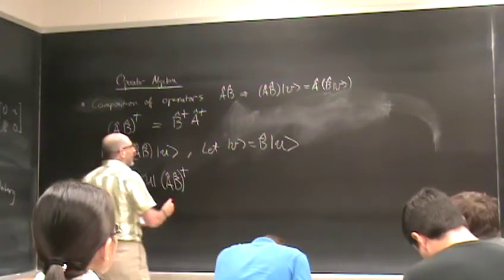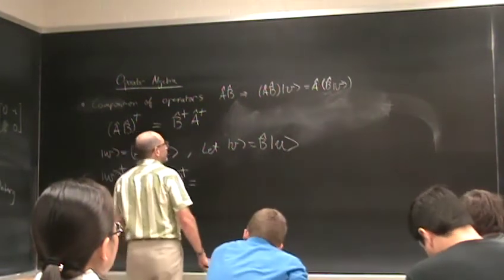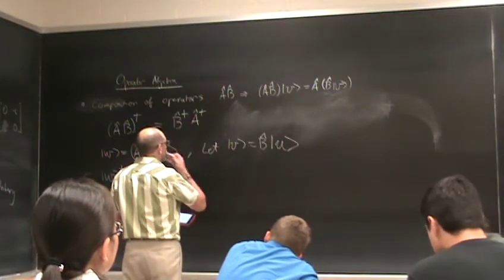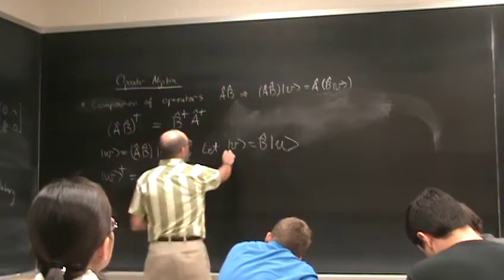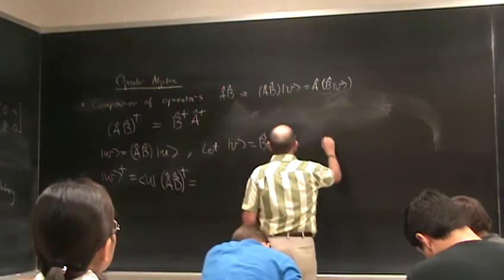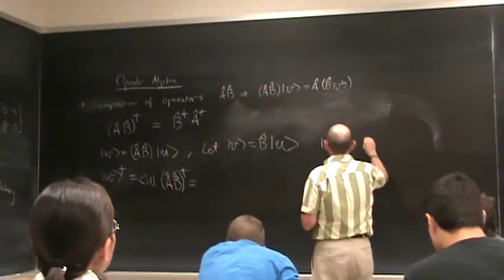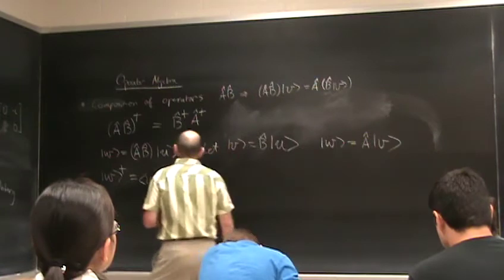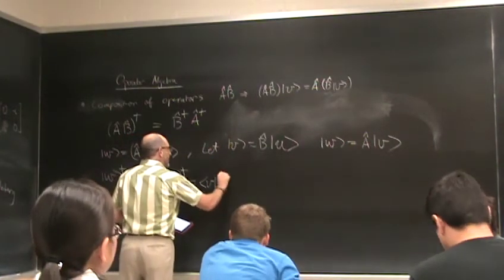And so V is B on U, and W is A on V. So this is equal to the bra V, A dagger.